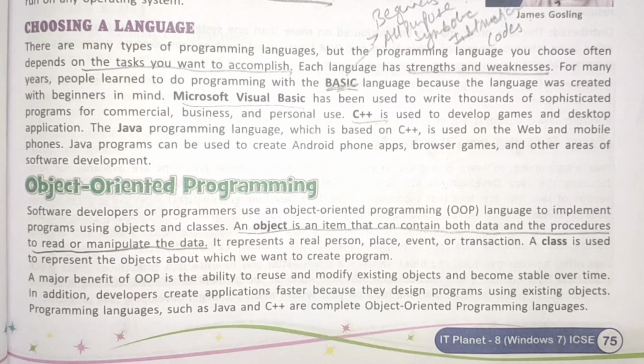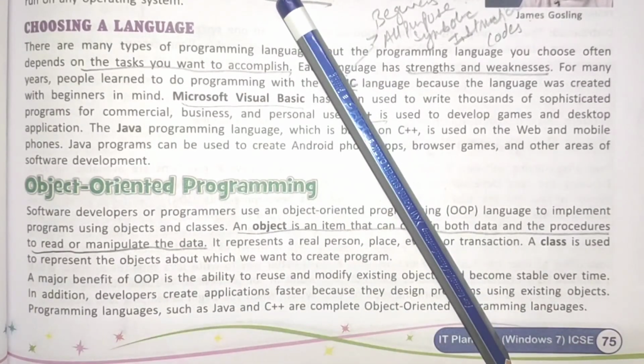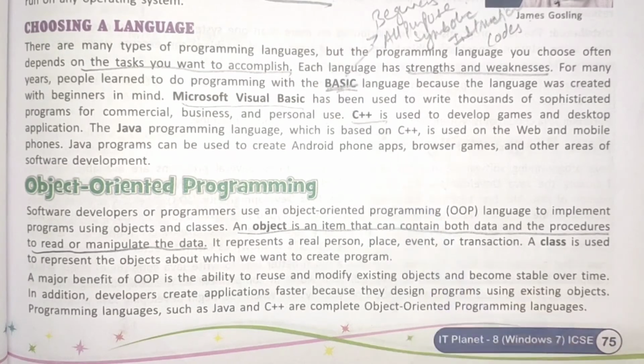Anything which you can identify in the real world is an object. For example, this is a pencil, right? So pencil is an object. Book is an object. Pen is an object. Teacher is an object. Student is an object. Any identifiable entity is called an object.